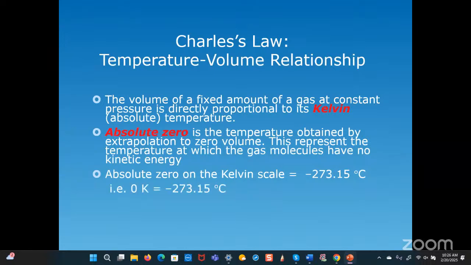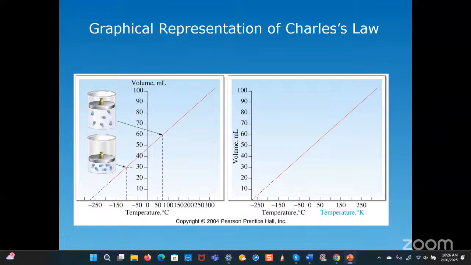One of the reasons is that nobody has achieved absolute zero. The other reason is that if you take a gas, measure the volume, and cool it, the volume will contract.